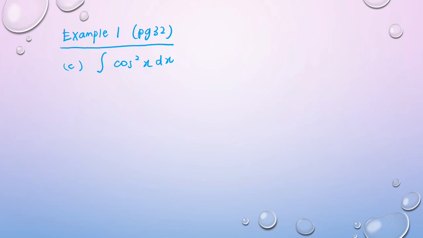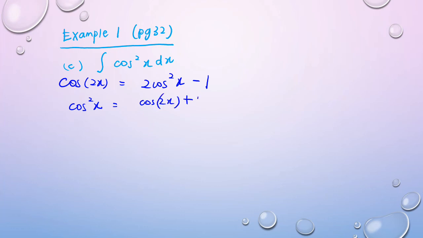You might want to consider using cos 2x equals 2 cos square x minus 1. When you rearrange this, you should be getting cos square x in the form of cos 2x plus 1 divided by 2.